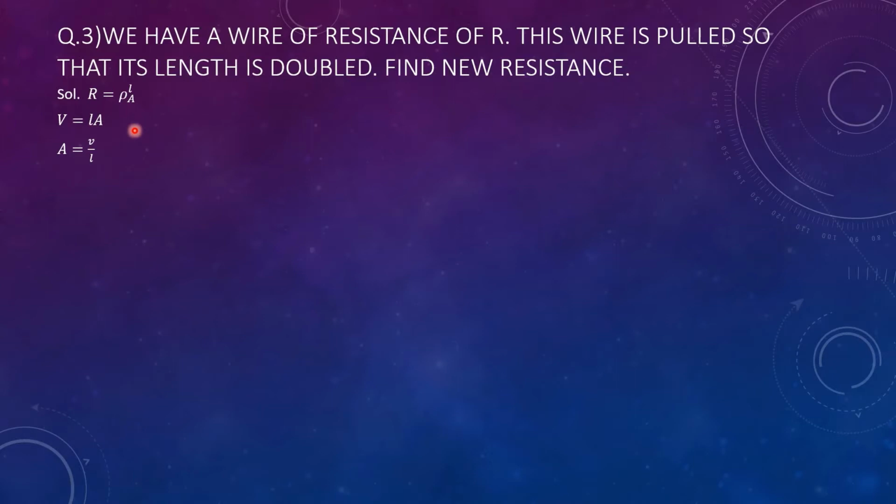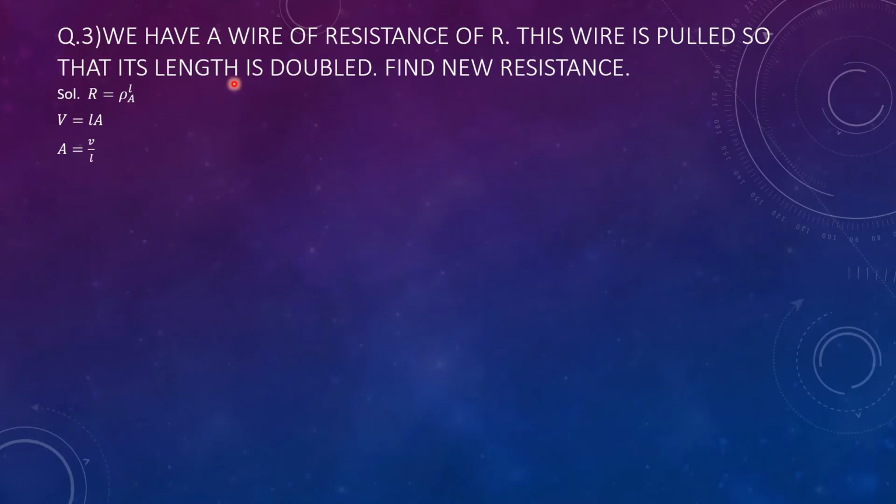Whether length is doubled, halved, or any change is made in length, even then the volume of the conductor will not change. So in any question where length is changed, automatically its area of cross section will change.